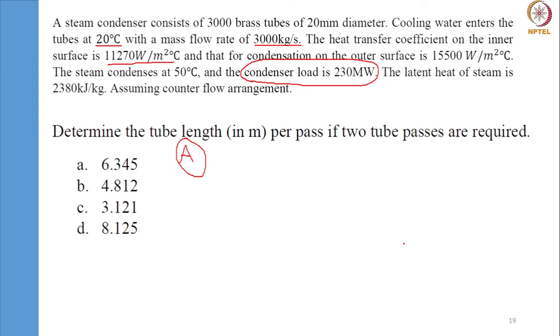Per pass we need around 4.8 meters when two tube passes are required. Any questions here?